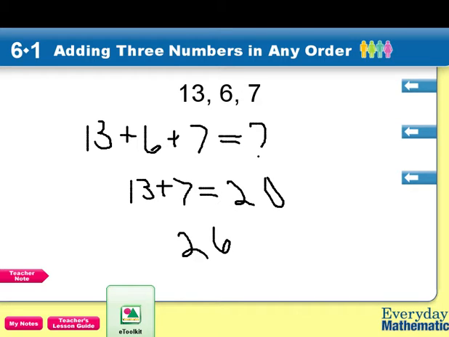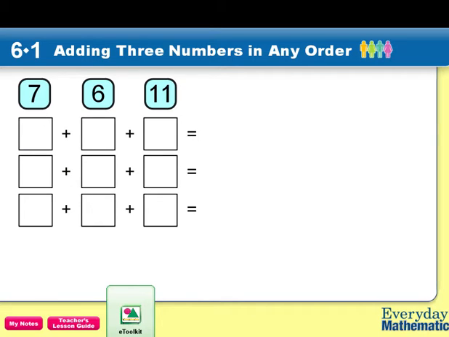Now, when we get to a problem and we get three numbers of 7 and 6 and 11, there's different ways that we could add it. We could do 7 plus 6 plus 11.